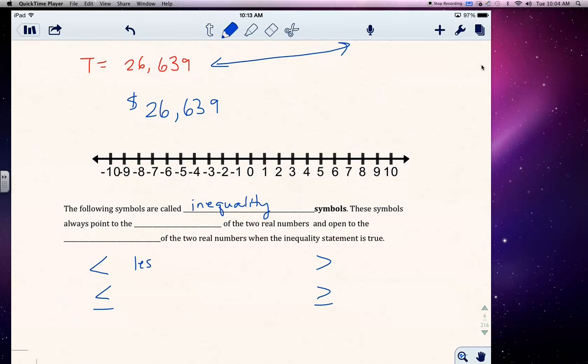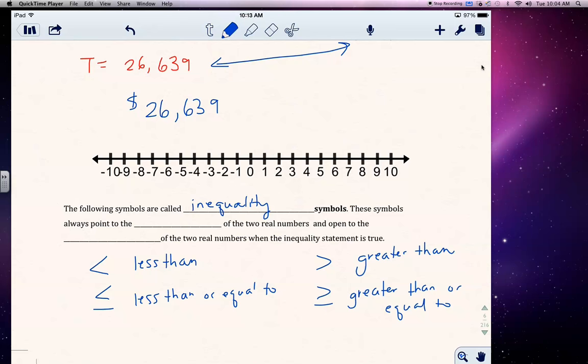This one's less than. This one is less than or equal to. These symbols always point to the lesser of the 2 real numbers, we say smaller, and open to the bigger or greater of the 2 real numbers when the inequality statement is true.